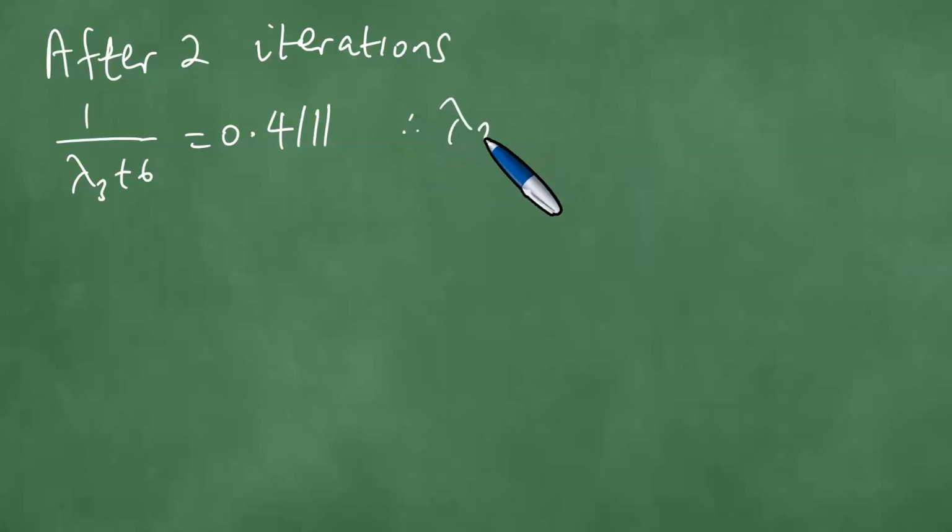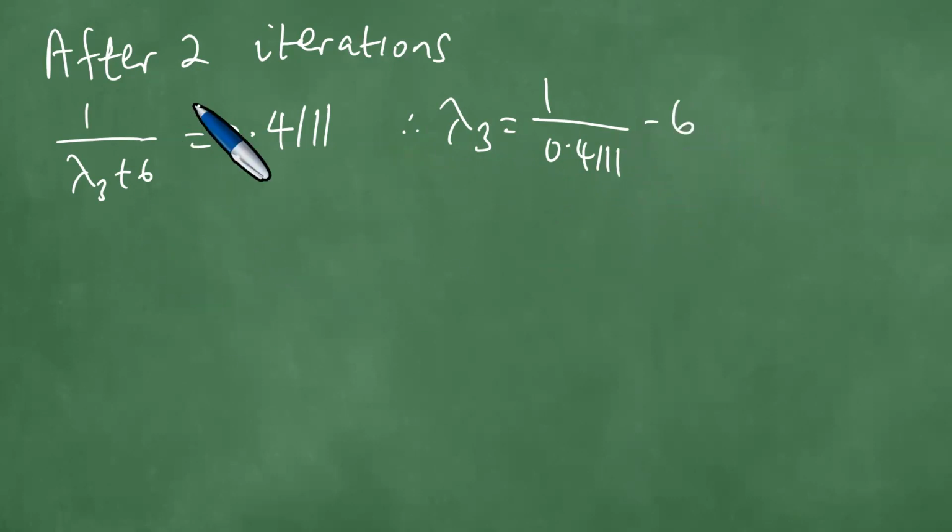Lambda 3 is 1 divided by 0.4111 minus 6. Okay, we take the reciprocal of this and then we solve for lambda 3 from this, making it the subject of the equation, and that gives us minus 3.5676.